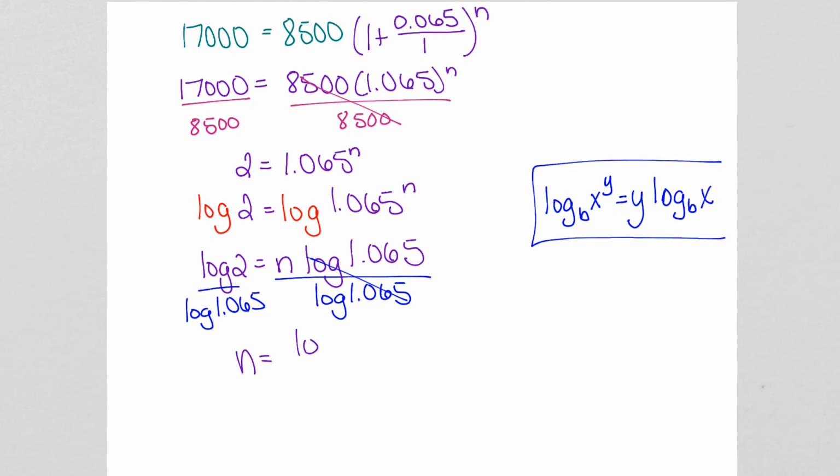So we can find n using our calculator by just doing the log of 2 divided by the log of 1.065. You just put that in your calculator using logs, and you get approximately 11 years.